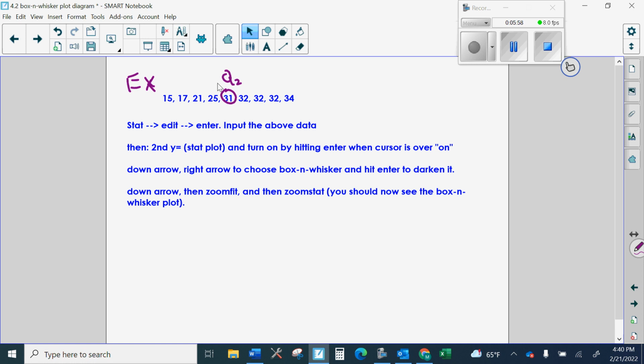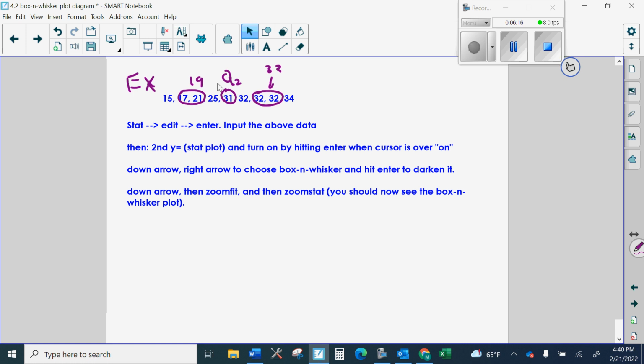Since there's 4 below here, I need to take the midpoint of the middle 2. The midpoint of 17 and 21 is 19, and that's why we saw 19 in the calculator. The midpoint of these upper ones is 32, and that's 32 right between there.